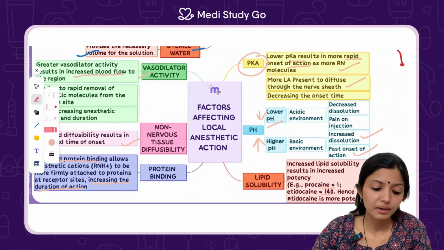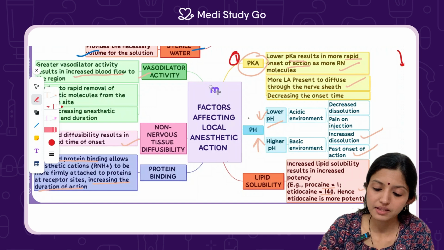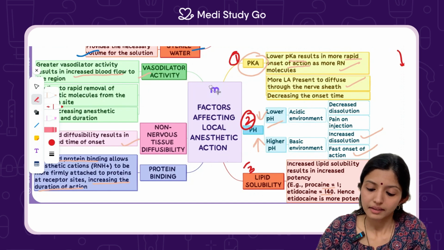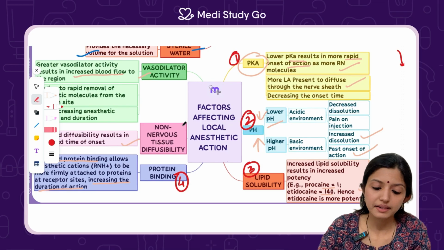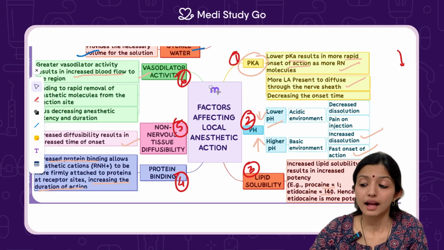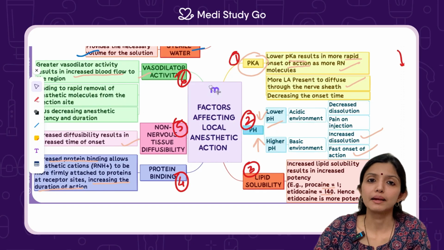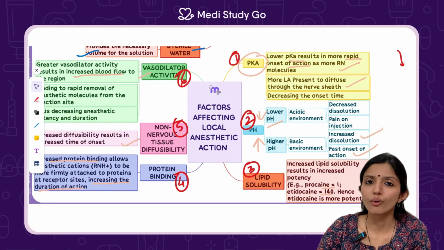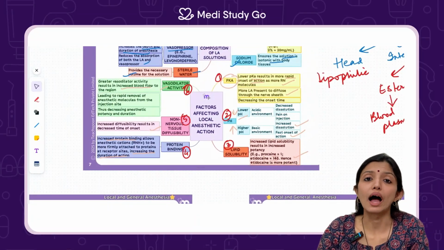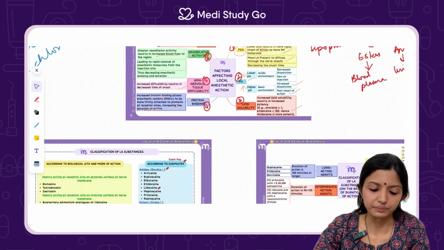So, you have to remember these important factors which affect your local anesthetic action, namely the pKa or the ionization constant, the pH of the solution, the lipid solubility, protein binding, diffusibility, and your vasodilator or vasoconstrictor activity. If you remember these, you will very easily remember what prolongs the duration of action of your local anesthetic and how it works, and in what scenarios you need to actually increase or decrease the vasoconstrictor.